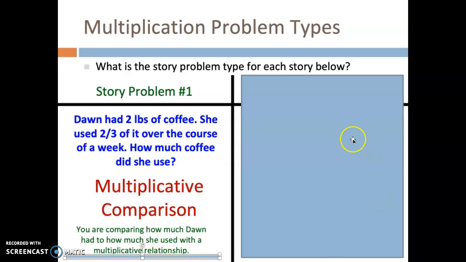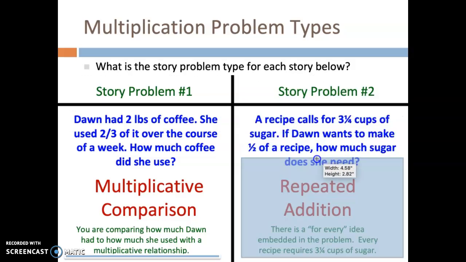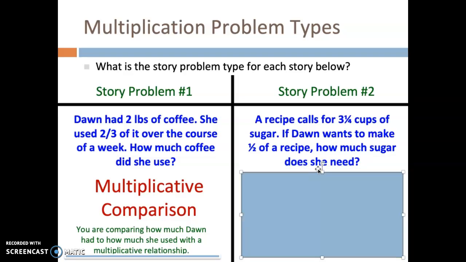Okay. One more, to really cement this in. Story problem 2. A recipe calls for 3 1/4 cup of sugar. If Dawn wants to make 1/2 of that recipe, how much sugar does she need?